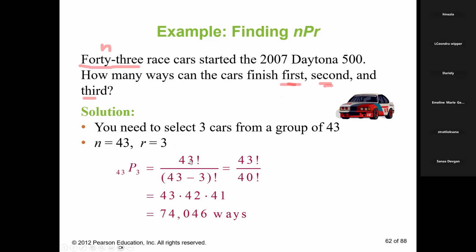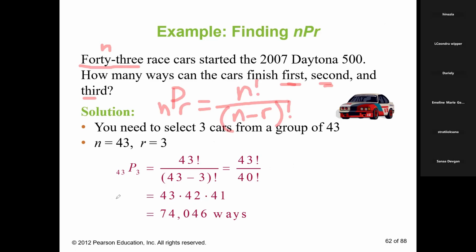So here you have 43 cars, 3 taken at a time. That's 43 factorial over... Remember the formula I gave you: NPR is n factorial over n minus r factorial. Replace n with 43, r with 3. You get 43 minus 3, which is 40.